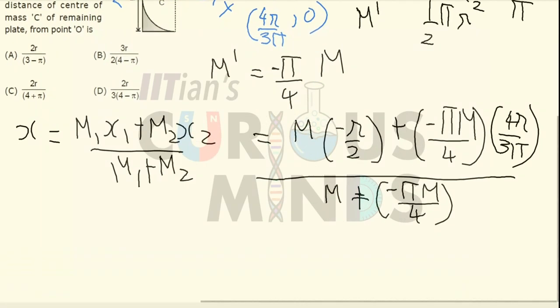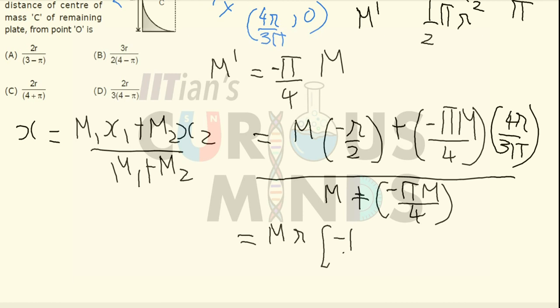Now, simplifying, if I take m common and r also common, it will be equal to minus half minus 4 by 3 pi, since it is situated on the left hand side, the negative x-axis.